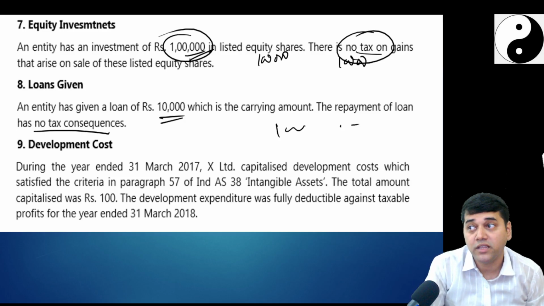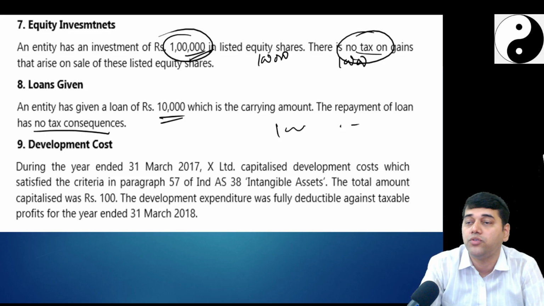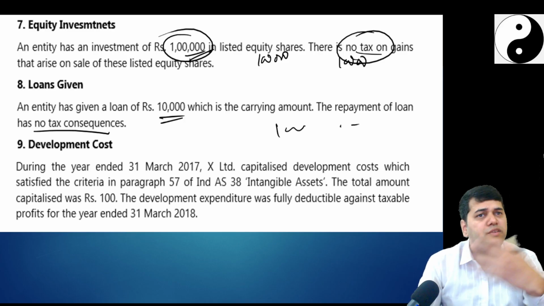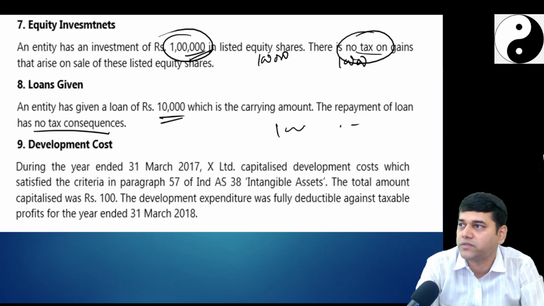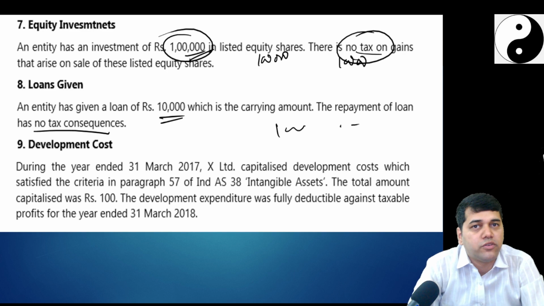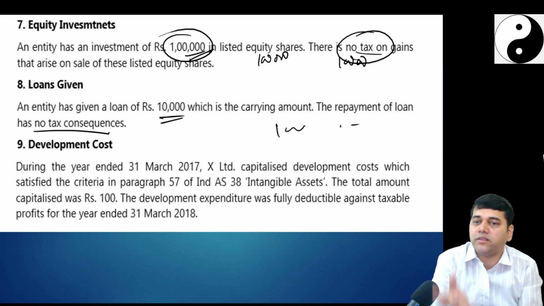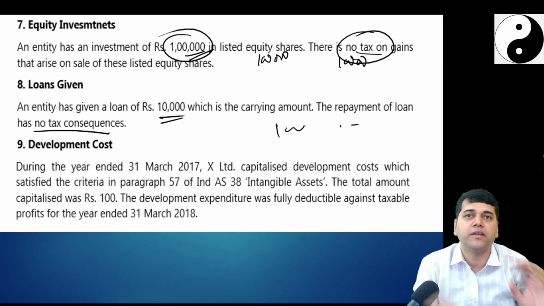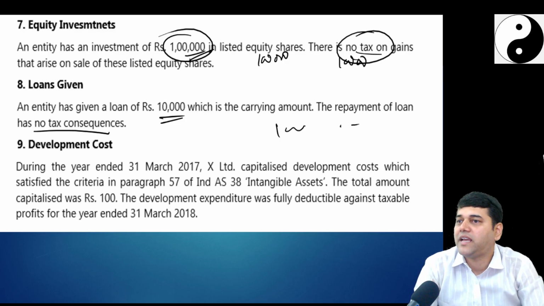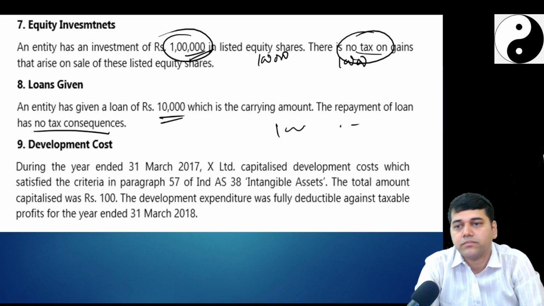In the examination or the interview, they may ask you. Then you explain taking anything, like you can say, sir, this is a permanent difference, finish, matter closed. Or you say, sir, this has no tax consequence. Or you say, sir, this 10,000 is my principal amount, I pass the entry, and the same entry I will pass in income tax also. That's why 10,000 and 10,000. You can give the explanation in different ways.